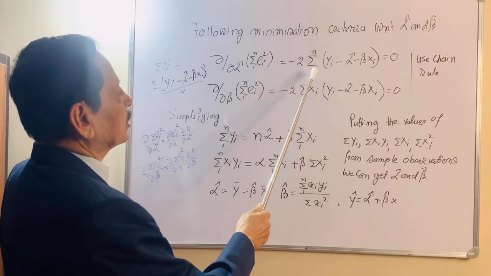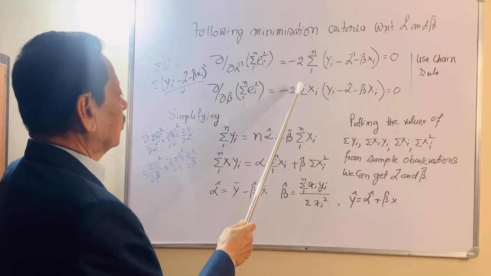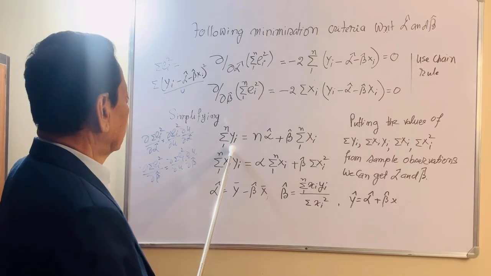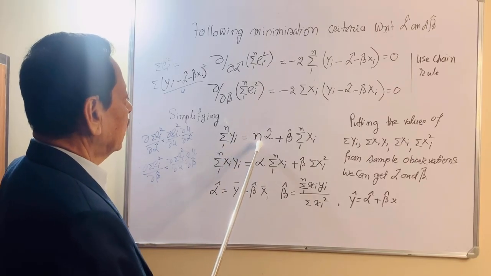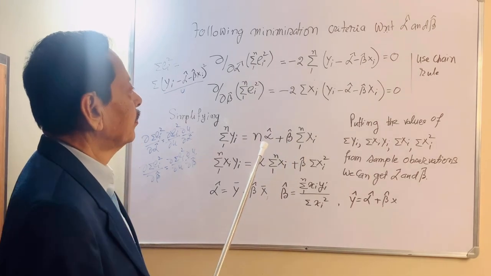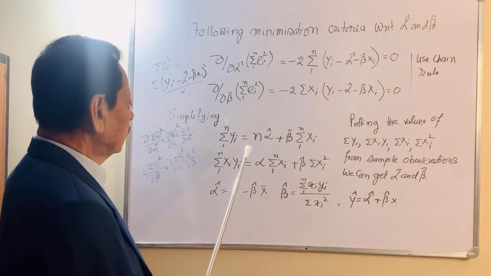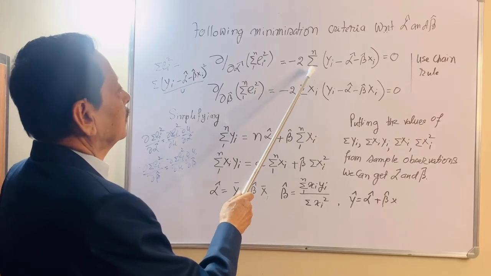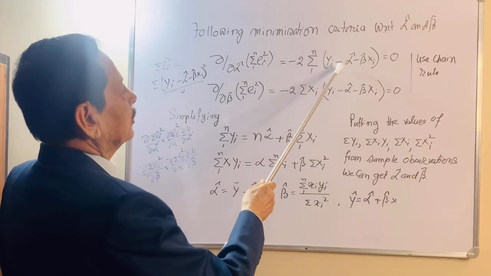Now summation yi. From these two equations, we can develop this: summation yi is equal to n alpha head plus beta head summation xi. Okay, this is minus 2 into this is equal to 0.